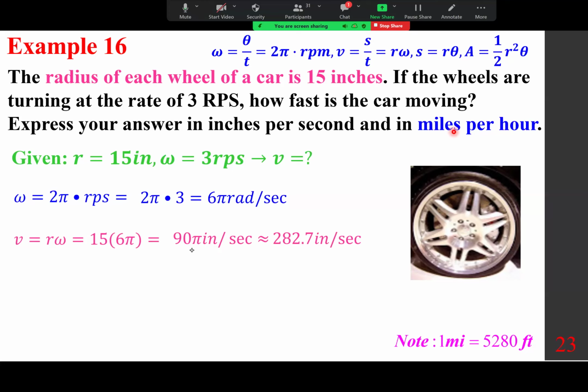So let's keep the exact answer, 90 pi inches per second. We want to make it miles per hour.